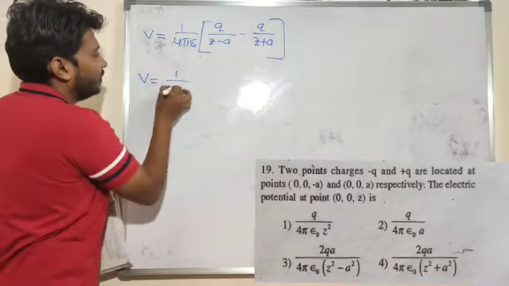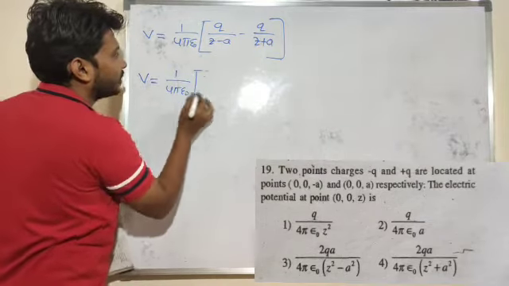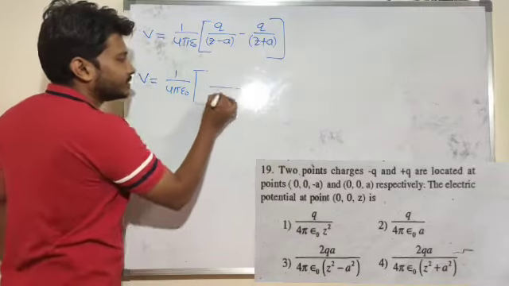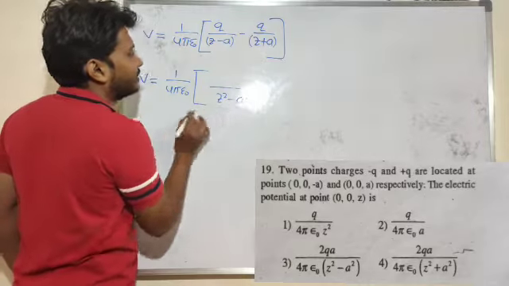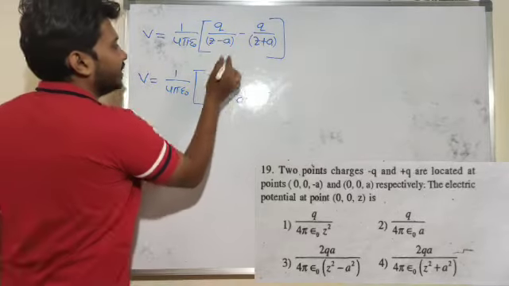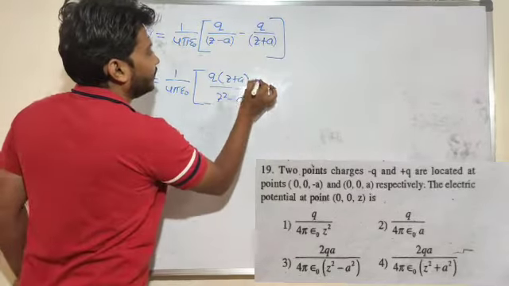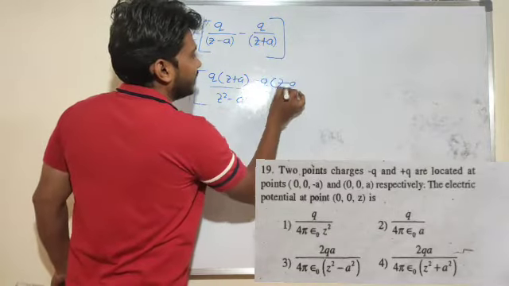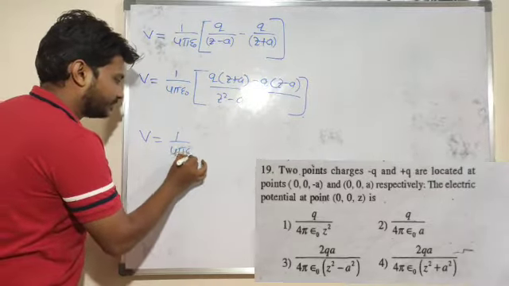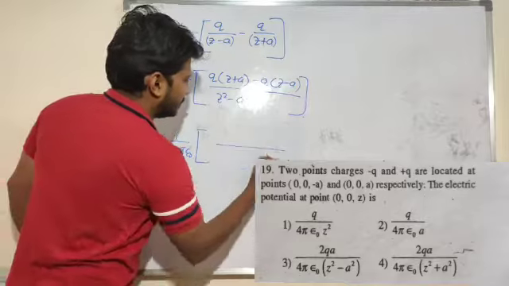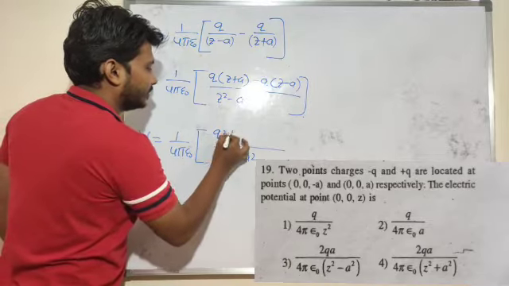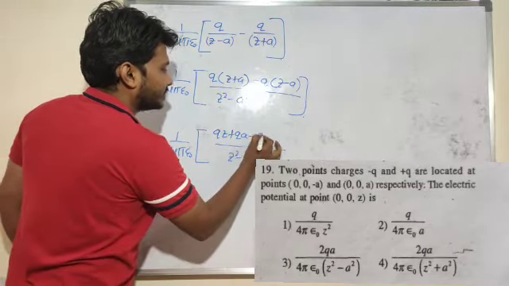So look at here, 1 by 4 pi epsilon naught. Shall I take this as a plus b into a minus b, so that is a square minus b square here. If I take the LCM, a square minus b square, so that is q into z plus a minus q into z minus a here. So 1 by 4 pi epsilon naught, z square minus a square, q into z plus q into a minus q into z.